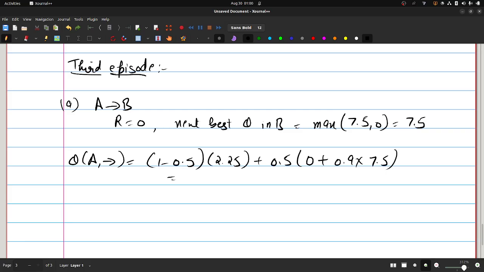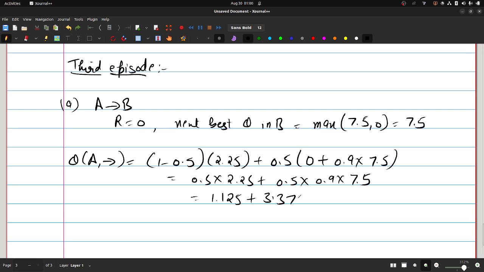So this is equal to 0.5 multiplied by 2.25, plus 0.5 times 0.9 multiplied by 7.5. So this is 1.125, and this is around 3.375. Now if you sum up both, it is 4.5. So the Q value you can see is updated now.